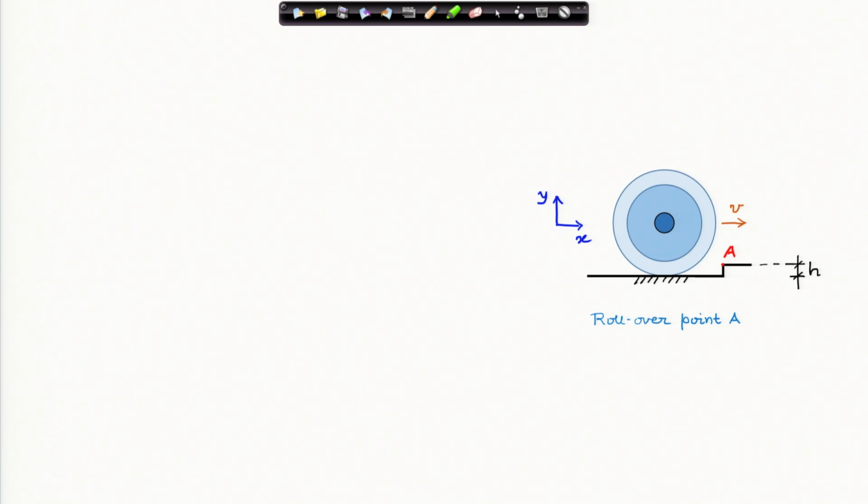Now, because this is an impulsive force at that corner, if I consider the angular momentum of the system about that point, then there is no other impulsive force.